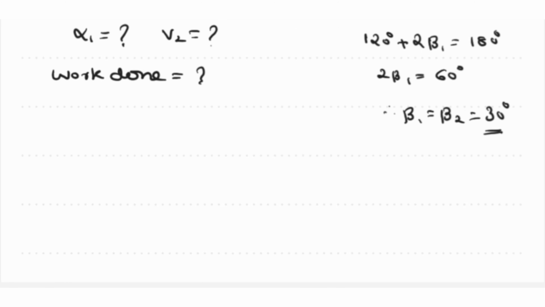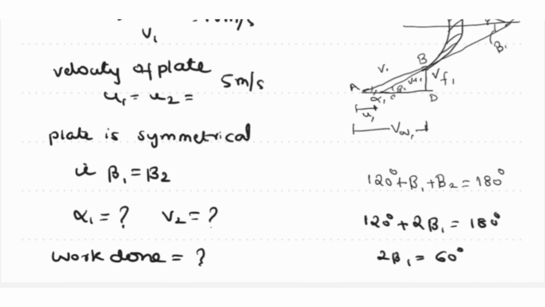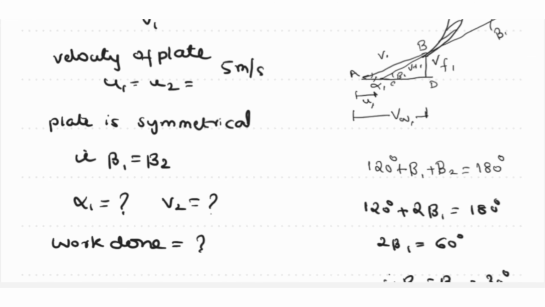So apply the sine rule to triangle ABC. Here V1 is known. So V1 divided by sine of, beta 1 we have calculated as 30 degrees.